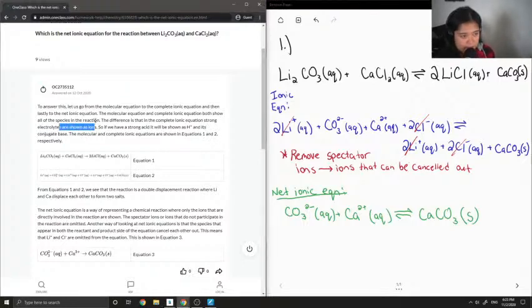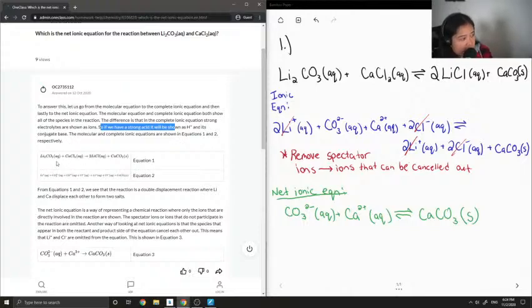In our case, a strong electrolyte was the lithium carbonate and the lithium chloride. If we have a strong acid, it will be shown as H+ and its conjugate base. The molecular and complete ionic equations are shown in equations 1 and 2 respectively.